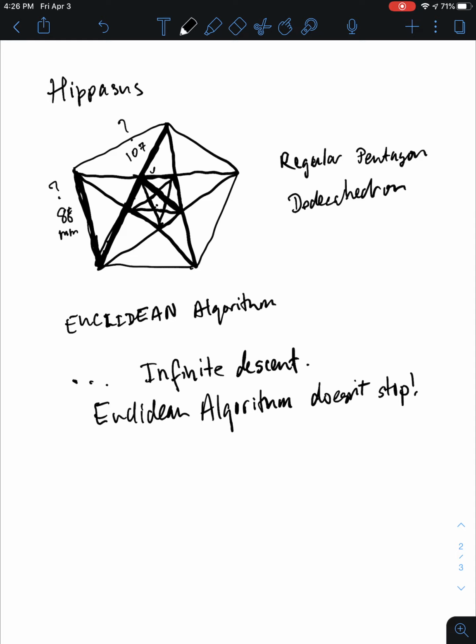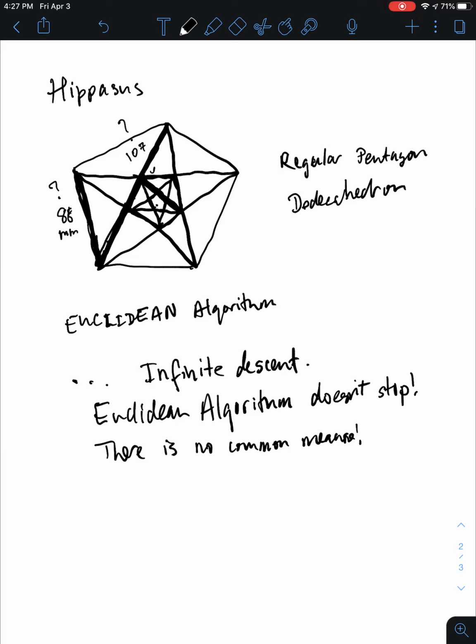So what that means is, the next logical conclusion is there is no common measure. So if there was, the Euclidean algorithm would have found it. The Euclidean algorithm didn't find it, so there isn't a common measure.